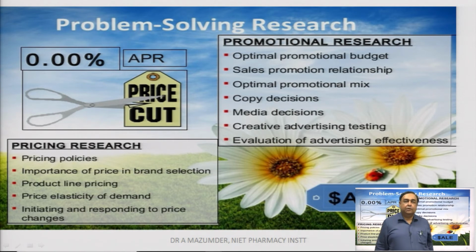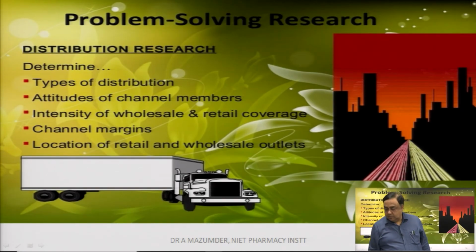Next is promotional research: optimal promotional budget, sales promotion relationship, optimum promotional mix, copy decision, media decision, creative advertisement decision and evaluation of advertising effectiveness. All these come under problem solving research.